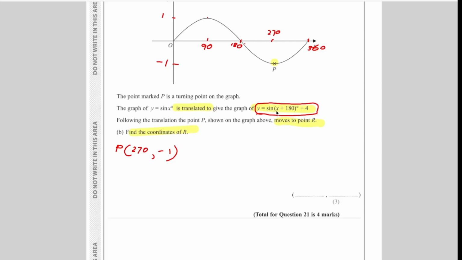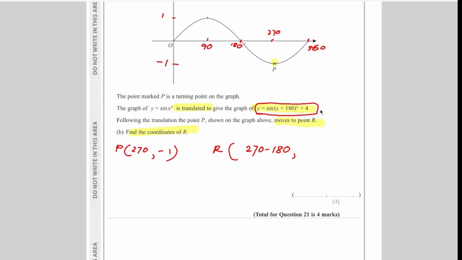Now in this case it is x plus, then the opposite is x minus. If x is multiplied, then the opposite is x should be divided. If x is divided, x should be multiplied. So always inside bracket, if something happened inside the bracket, always the opposite thing is applied. So point R would be the new coordinate, then 270, 180 to be subtracted.